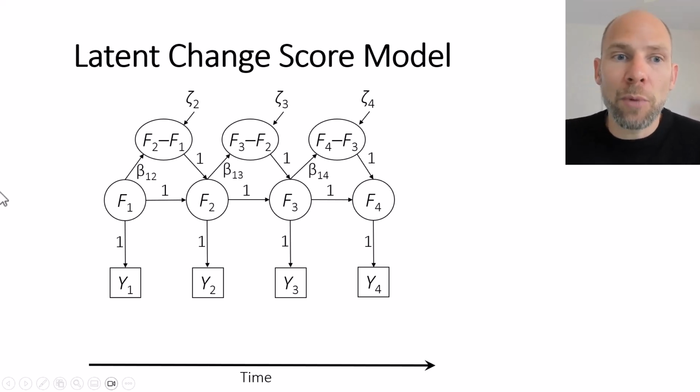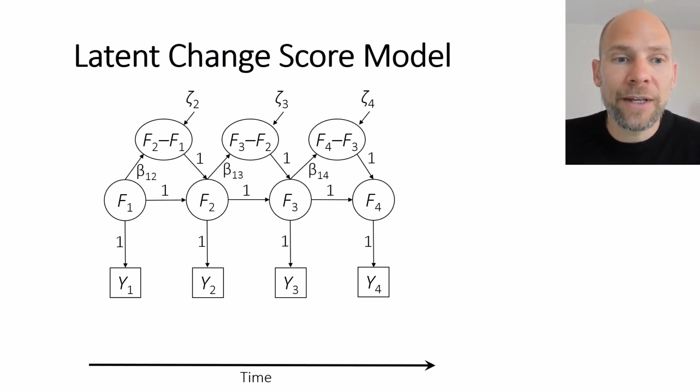So there could be more change, for example, between time 1 and time 2 than there may be between time 2 and time 3, and that's allowed in this model because the change score factors are estimated separately for these different intervals, and so there's no need for change here to be necessarily linear.